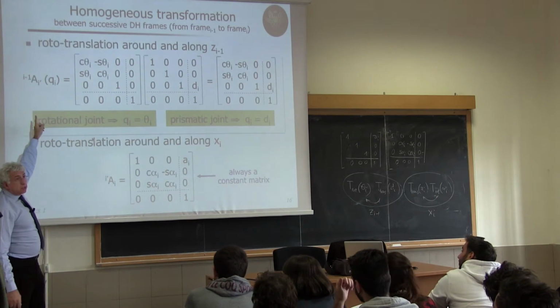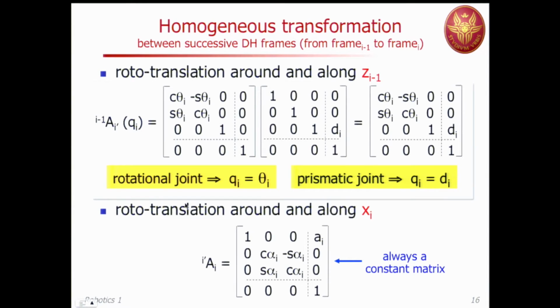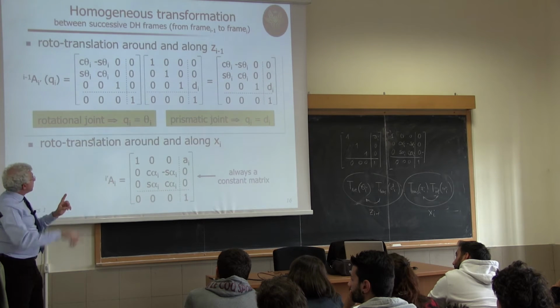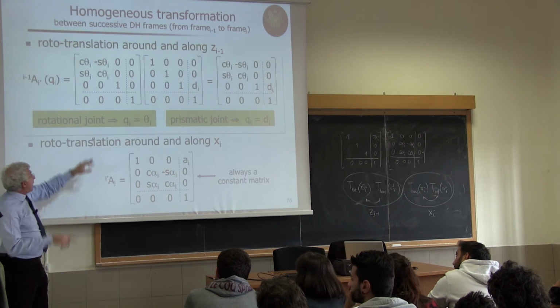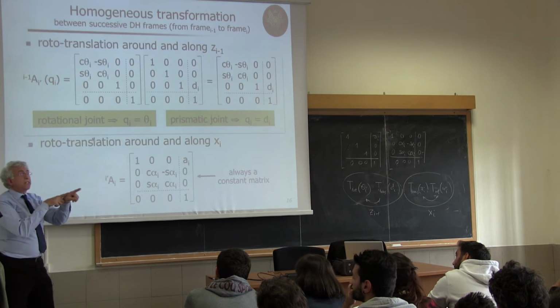This has a superscript i minus 1, because I'm starting from frame i minus 1 and I have to go to frame i. In order to go there, I have decomposed this into elementary operations. First I go to an intermediate frame i prime, placed at the intersection point between the first joint axis and the following common normal, and it already has some orientation, so that x i minus 1, after these two operations, is aligned with x i.